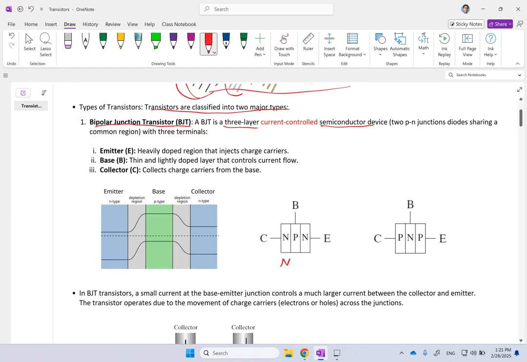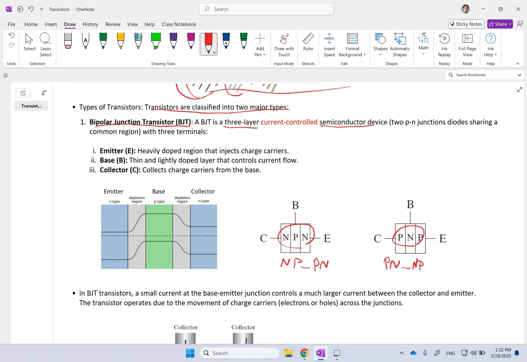Here you brought an NP and a PN and put them head to head, or here you brought a PN and an NP and put them together from the N side. So you get NPN and PNP transistors. You can merge these two regions together and get three regions, one N, one P, one N, or the other way. And we give them different names.